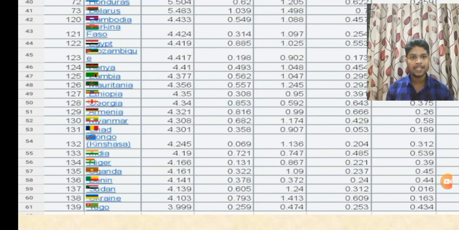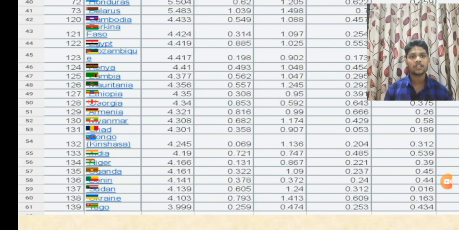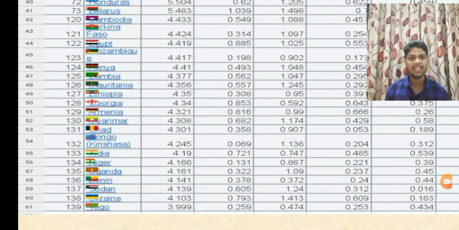So India has to perform better in the field of happiness. We have a better and growing economy among the developing nations, but in the happiness index we are far behind many such countries.